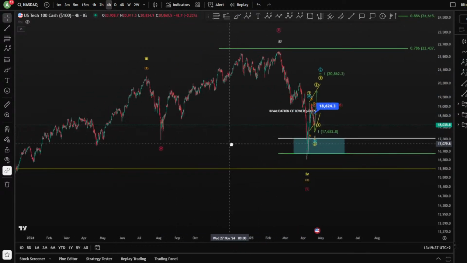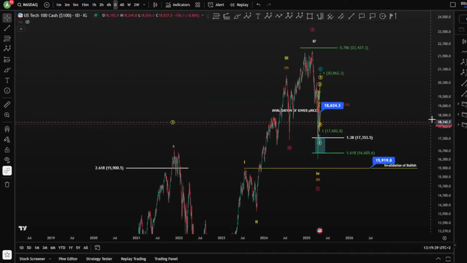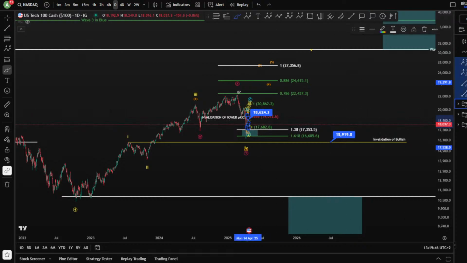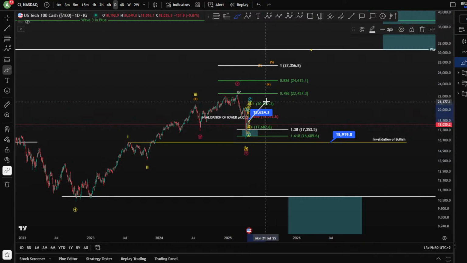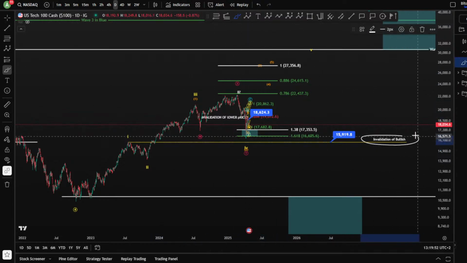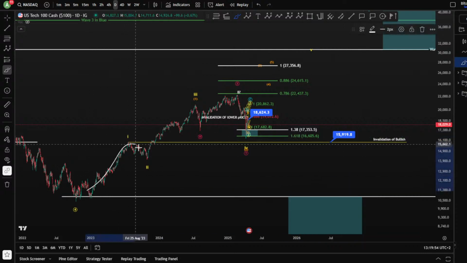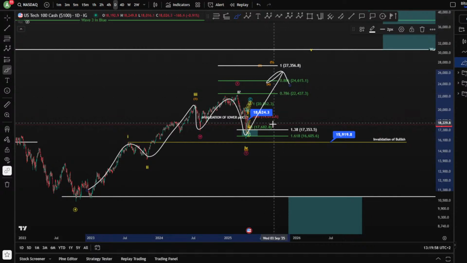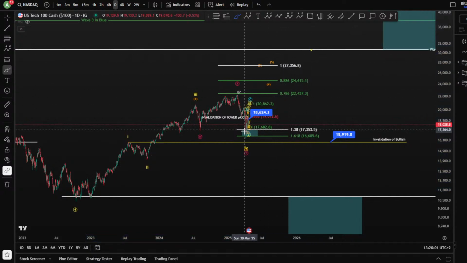In this scenario, and in a bigger view, you would like to see the price moving in this leading diagonal that we just talked about, because in this leading diagonal you will see a recovery for the market. You don't want to hit this invalidation of the bullish scenario 1, 2, 3, 4, and continuation simply for wave 5 toward the upside.